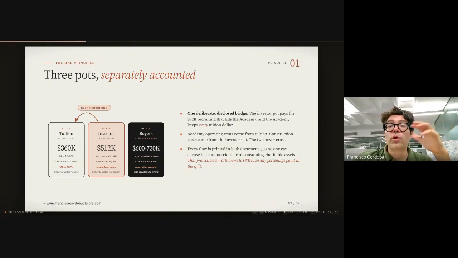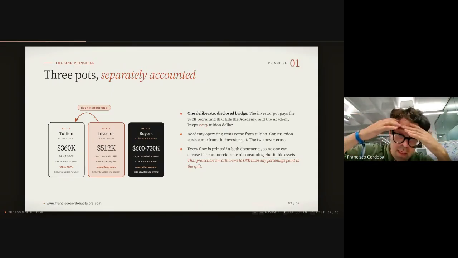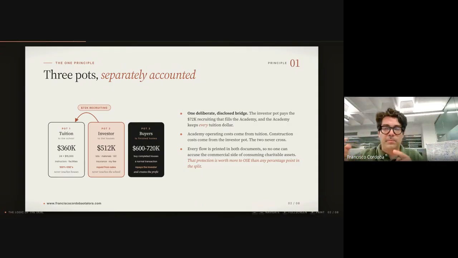In that way, you are not paying for their tuition. You are paying for the marketing, and I have divided all the items. The marketing is how we will find the people that can pay the full 360, which will be enough to run the program from an OSE perspective.